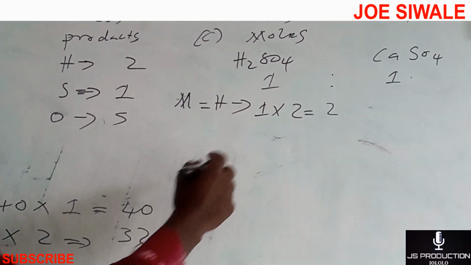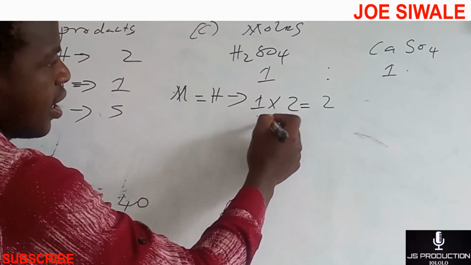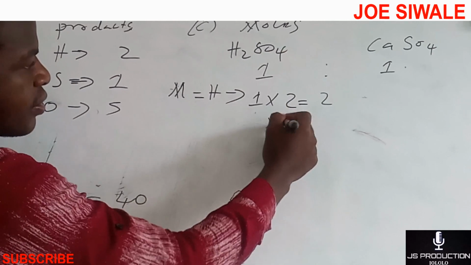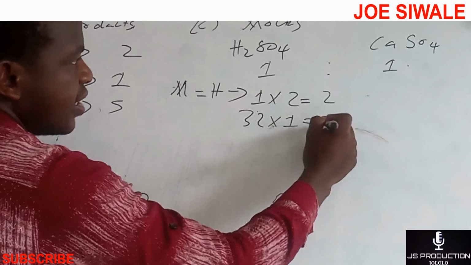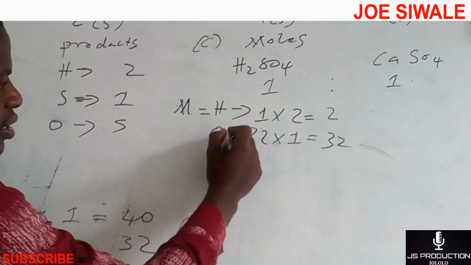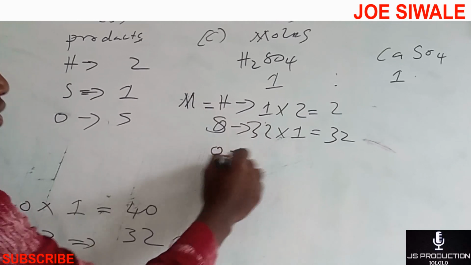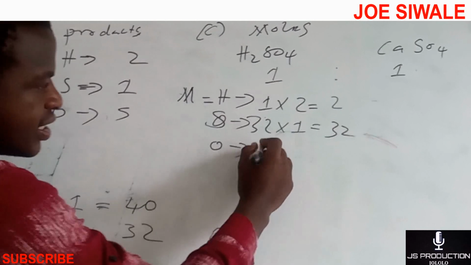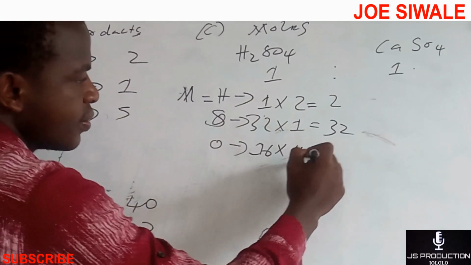Then for sulfur, I know that the number of atoms is 1 multiplied by the mass number, which is 32. So this will give me 32. Then the mass number of oxygen, I know that it is 16 multiplied by the number of atoms, which is 4.